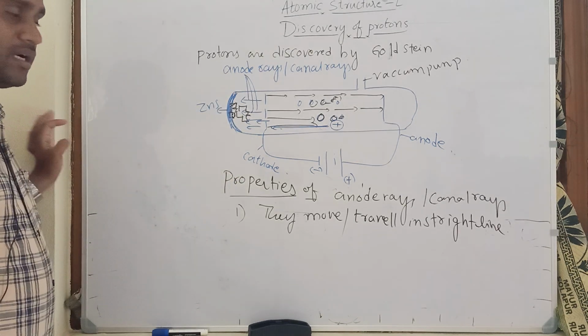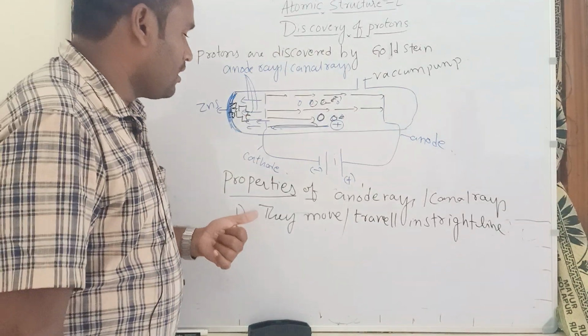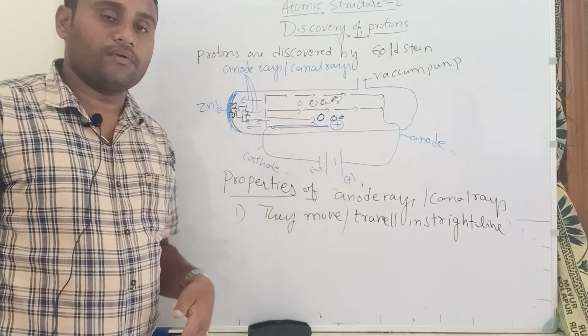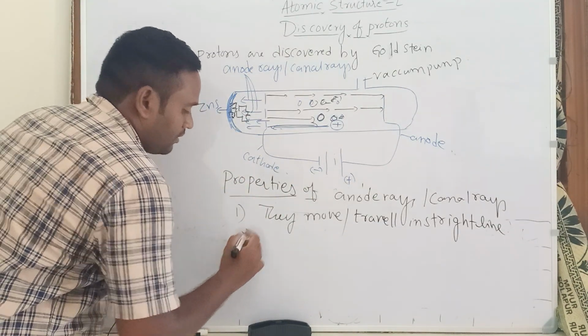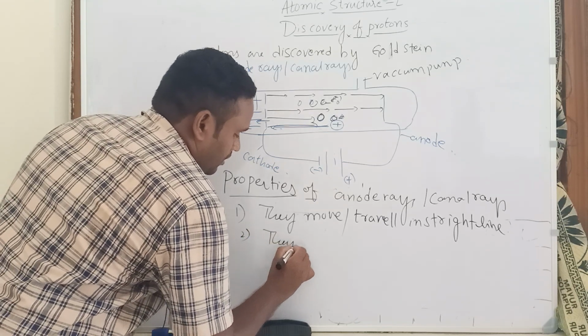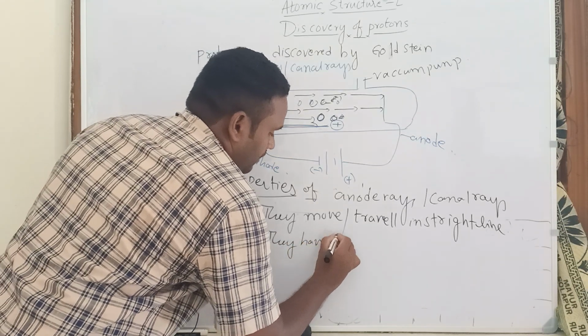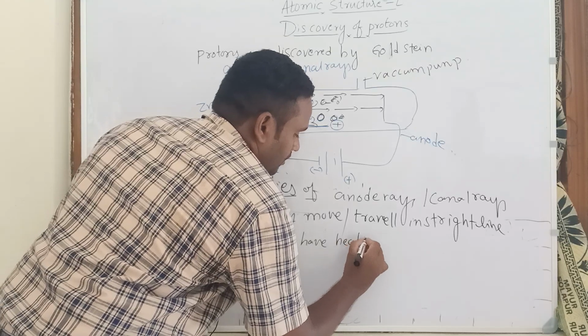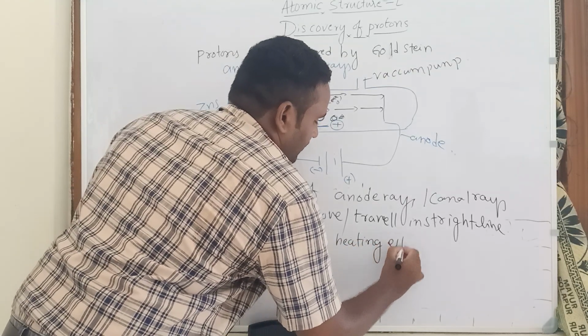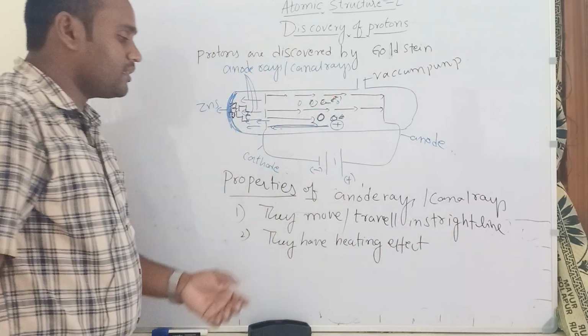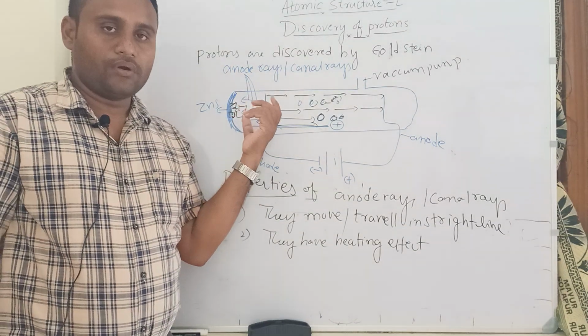So we can say that they travel in a straight line. They also have a heating effect. They can heat the thick metal objects that we keep here.